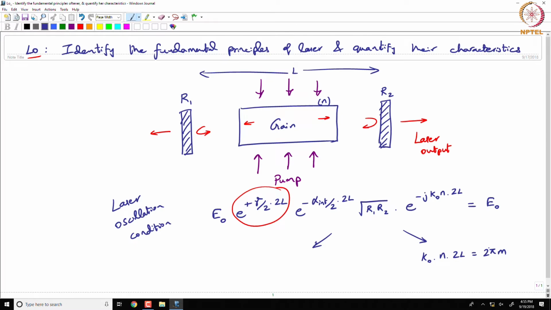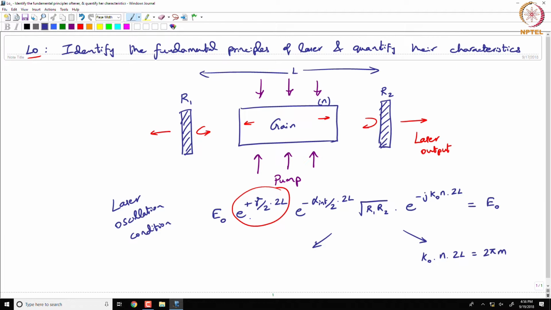So, the phase will be satisfied if k naught multiplied by n multiplied by 2L equal to 2 pi m, and then the remaining parts, the amplitudes, are going to be satisfied when this exponential term e power gamma L multiplied by e power minus alpha int L multiplied by root of R1 R2 equal to 1, right. So, that is the other condition that we get.